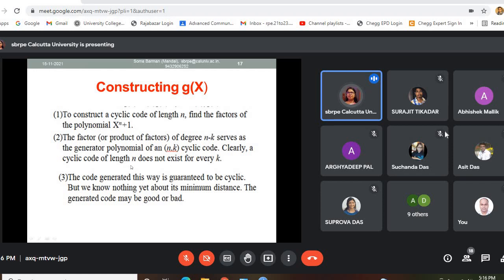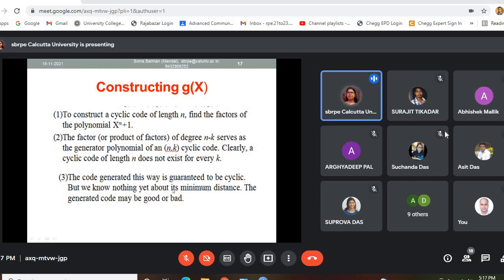Clearly, a cyclic code of length n does not exist for every k. For every k means for every bit. In some cases it is 0, in some cases it is 1. The code generated this way is guaranteed to be cyclic, but we know nothing yet about the minimum distance. This generated code may be good or bad.